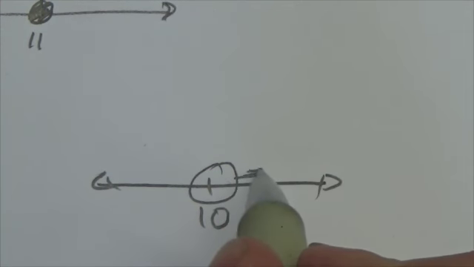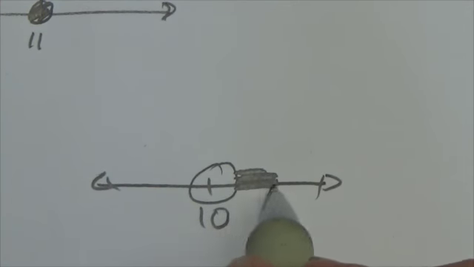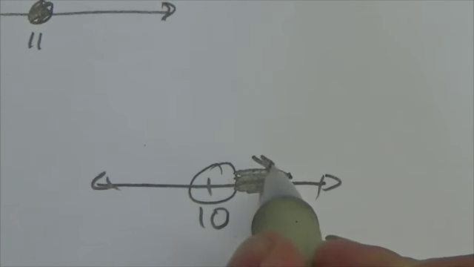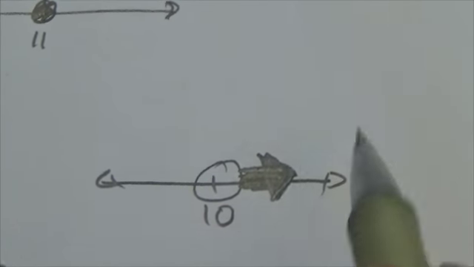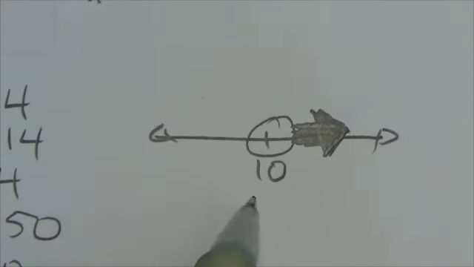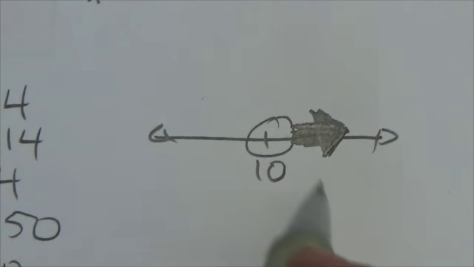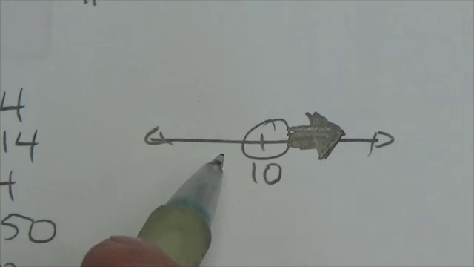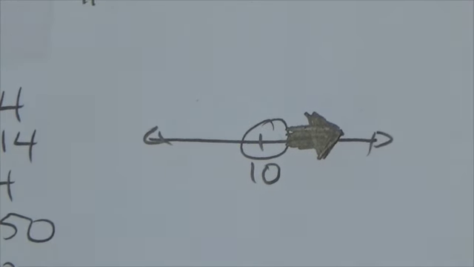However, I will shade in a dark arrow here because the question is telling me that my solution values here are where x is greater than 10. Well, along the number line, that means to the right of 10. So there's my solution. Not including 10, but from 10 upward, or to the right.